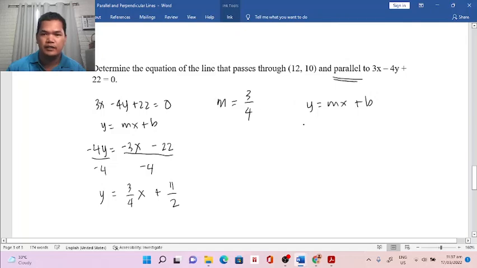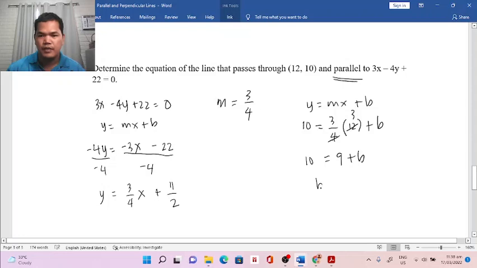Our y is 10, equals 3/4 times 12 plus b. So we will have 10 equals 9 plus b. So b is equal to 10 minus 9. b is equal to 1.